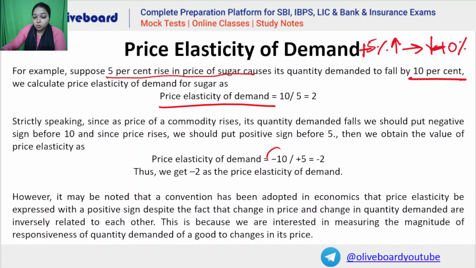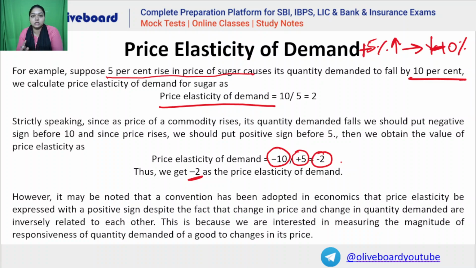Because the quantity demanded is decreasing, we give it a negative sign, and because price is increasing, we give it a positive sign. So your elasticity of price also becomes negative: minus 10 by plus 5, so it will become minus 2. Here we are getting the value as minus 2. But in general, in economics, we don't consider this minus sign.